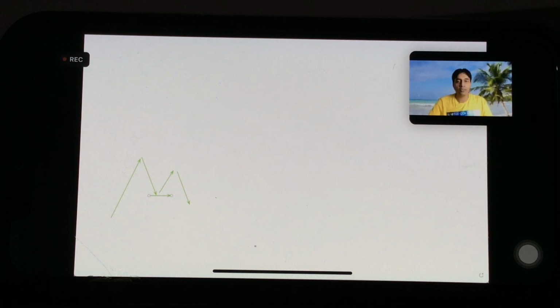Here we label this as X, this as A, this as B, this as C, and what is our aim? We have to find D.